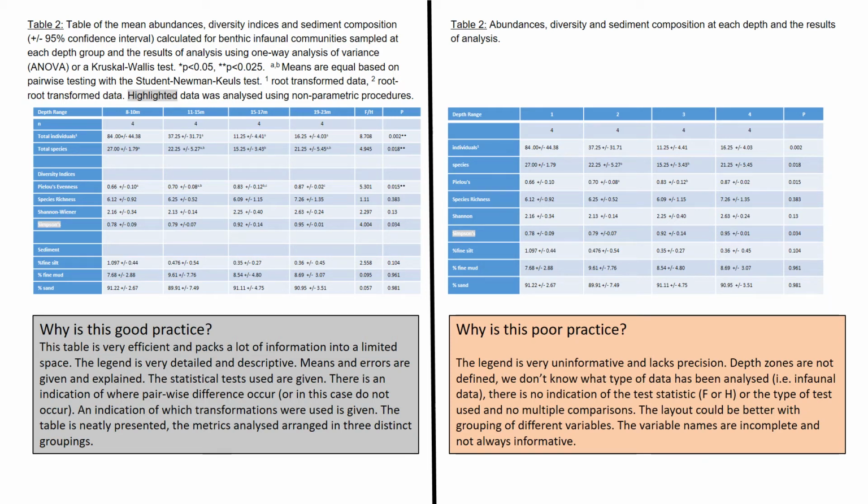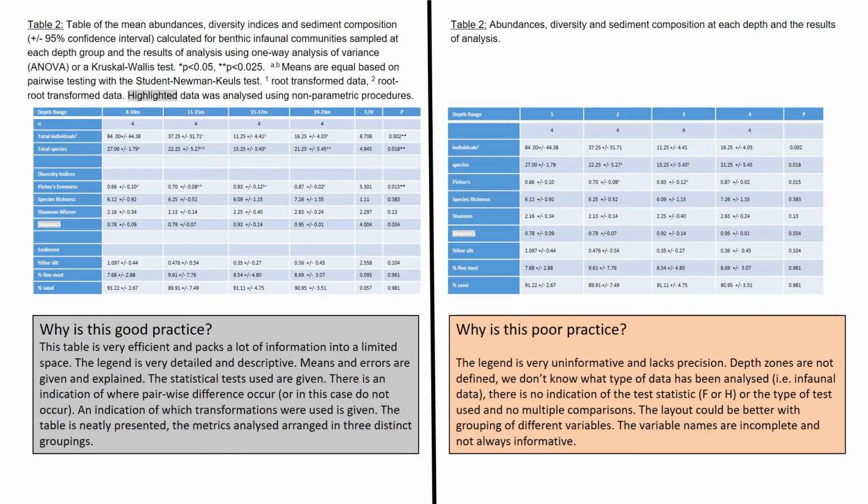So it's labeled table 2, and this is a table of the mean abundances, diversity indices and sediment composition. So again, we're told that the values displayed are means, plus or minus 95% confidence intervals.